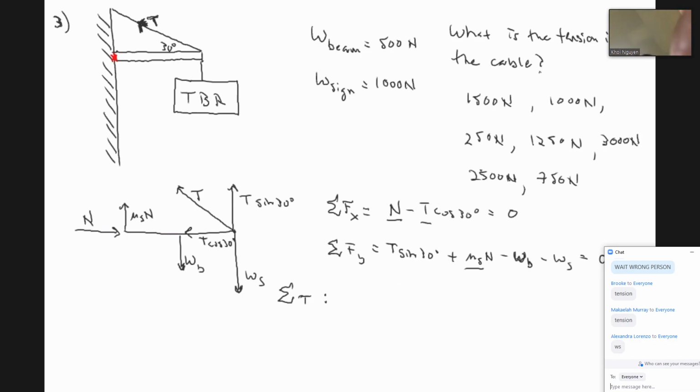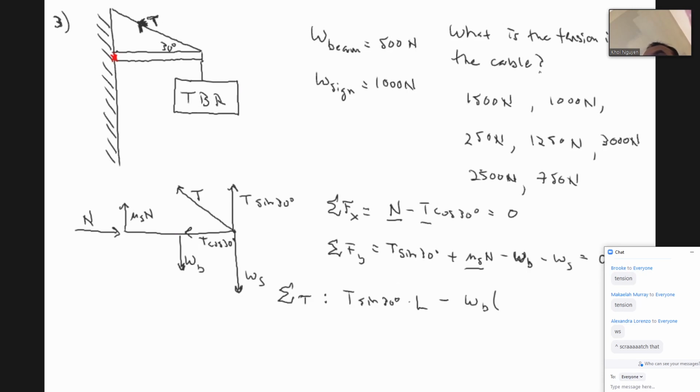Good. So we only want the perpendicular component of tension. The parallel component does us no good. So the perpendicular component of tension, T sine of 30 times the whole length, L, right? Because it's perpendicular force times lever arm minus the weight of the beam.